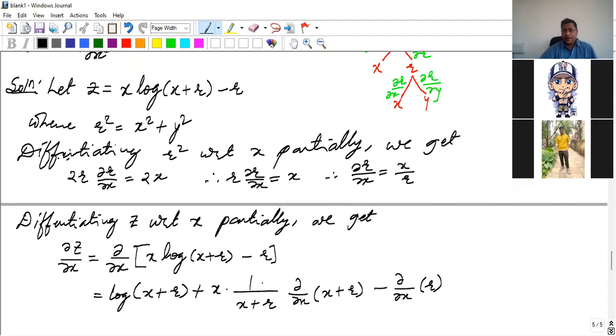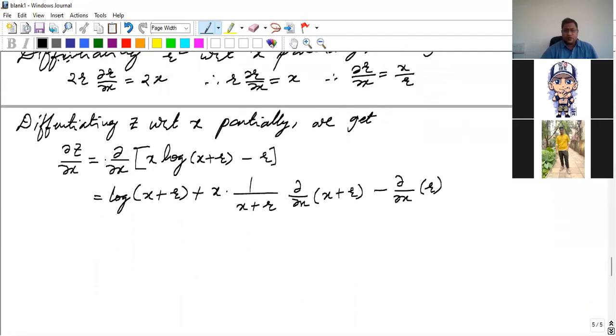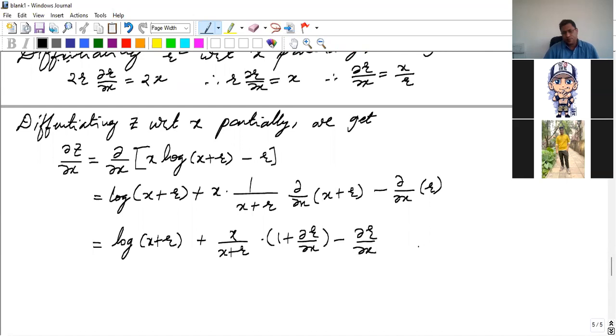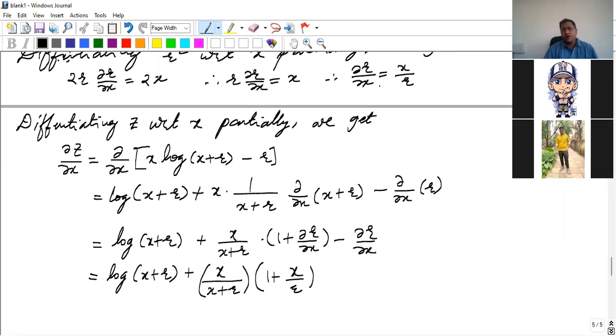Yes, sir. All of you are getting this term? So what we got here is log of x plus r plus x upon x plus r, and the derivative of this term is 1 plus double r by double x, minus double r by double x. So we have log of x plus r plus x upon x plus r, and this term is 1 plus x by r, because the derivative of r with respect to x is x by r.